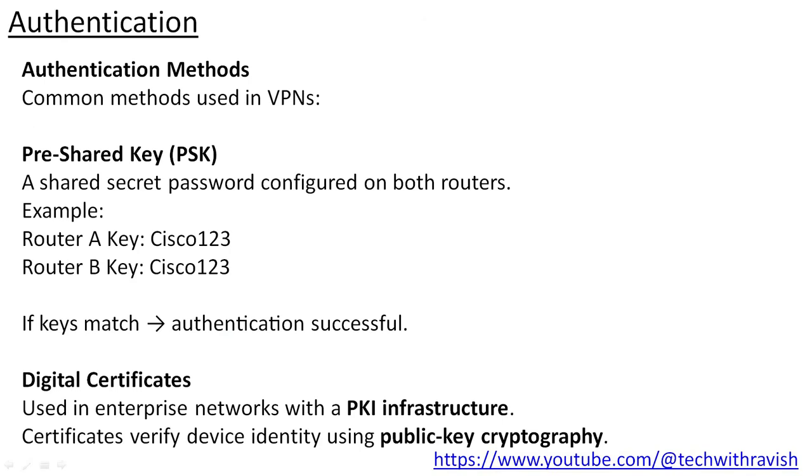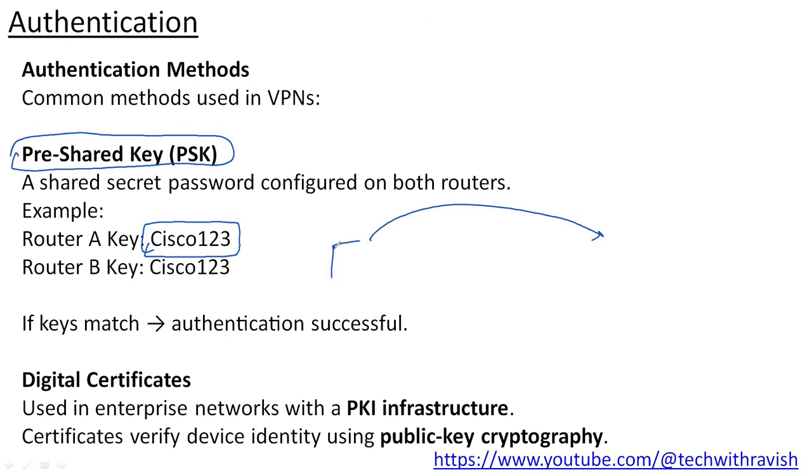How does it work? Basically, we forward the pre-shared key, PSK. Example, Cisco 123. This is a password-type key that will be used by the source as well as the destination before generating the tunnel. So this is my source, this is my destination, and the pre-shared key will be there, Cisco 123.